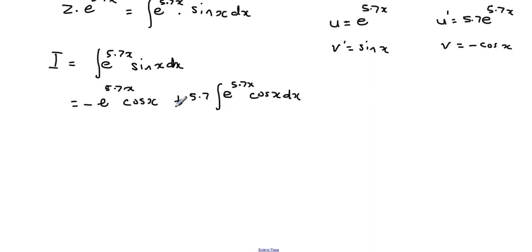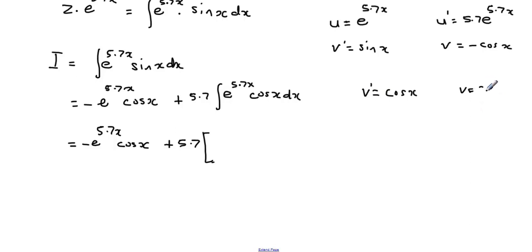I hope you understand why this sign is plus here: because the formula has a minus, and if we put a minus there, then we get a plus. Now we can apply integration by parts here by taking the same u and its derivative. I'm simply going to take v prime to be cos x, and then v is going to be sine x.